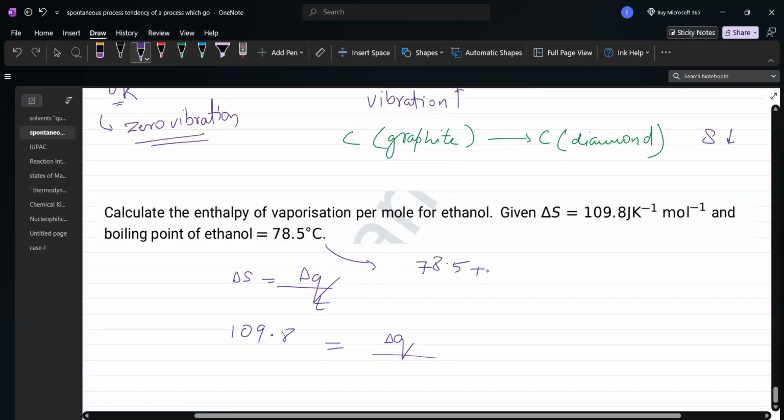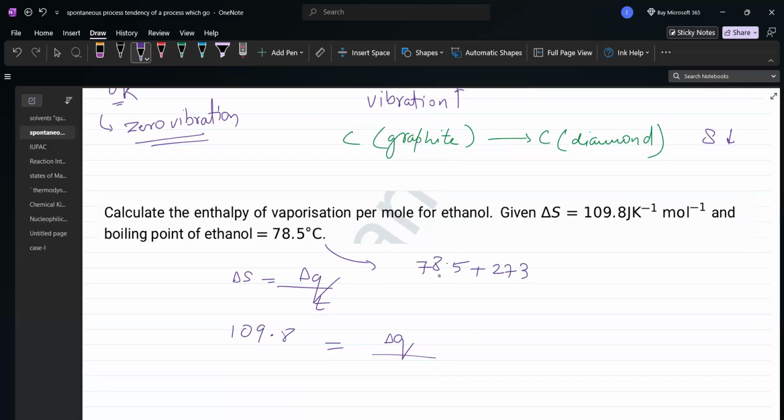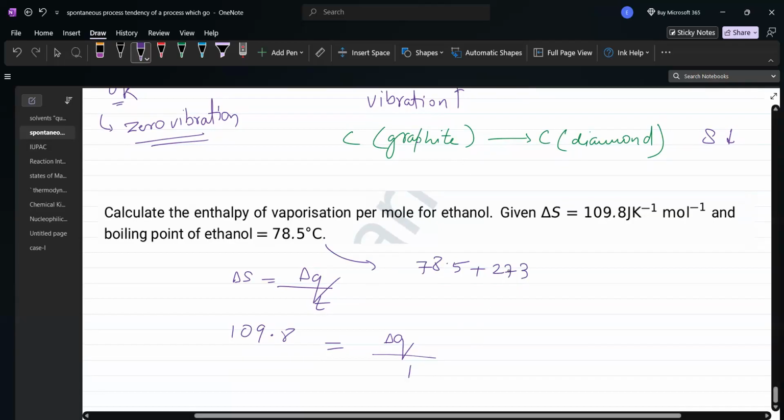Everybody, are you getting it? Yes, sir. So 351.5. Then finally, with a simple calculation, we will get the enthalpy of vaporization, right?